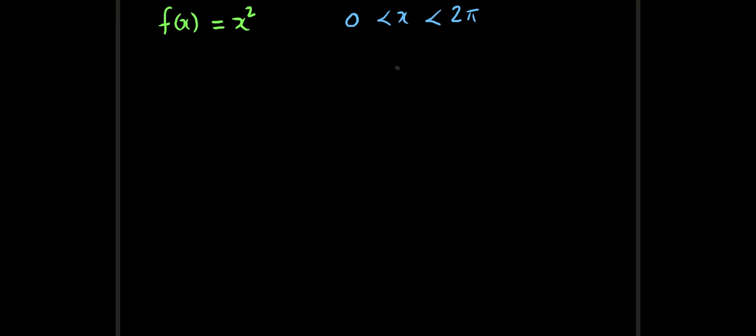So look at this. The function is a parabola, or rather part of the parabola, defined from 0 to 2 pi. Pi is approximately 3.14, so 2 pi will be 6.28. Our graph will be something like this.